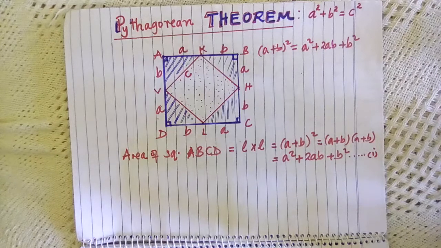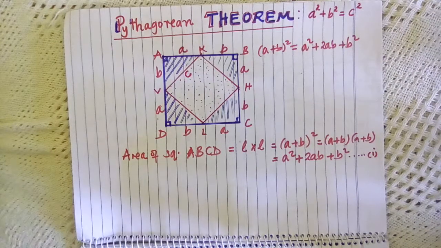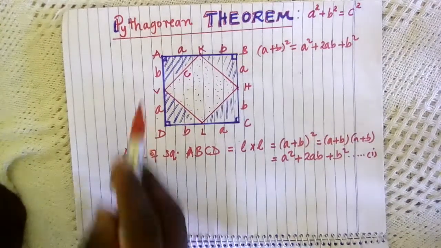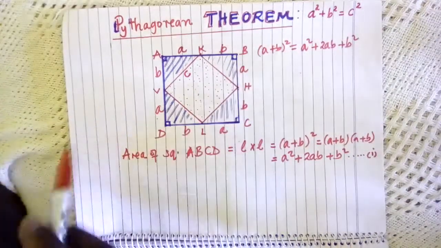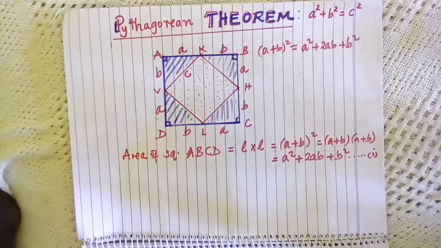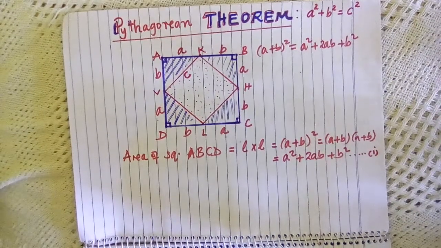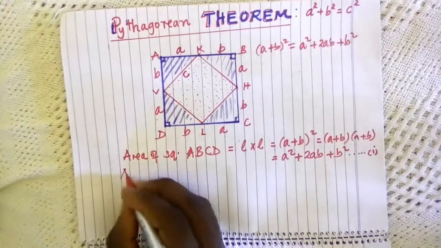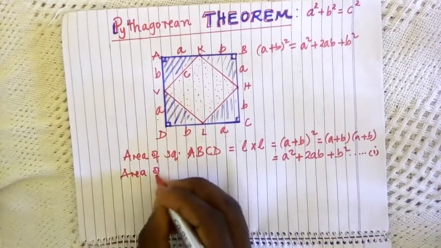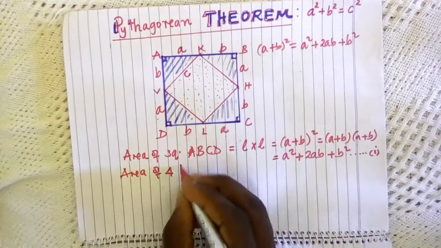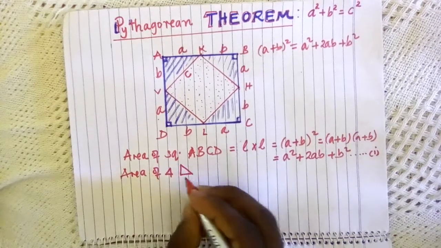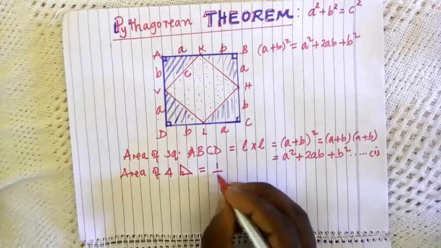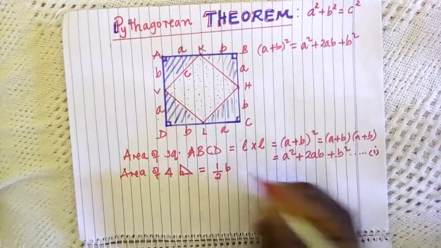Alright, so here we have the first equation, the area of the big square, or the outside square. Now let's find the area of the four right angled triangles. The area of one right angled triangle is half the base multiplied by the height.